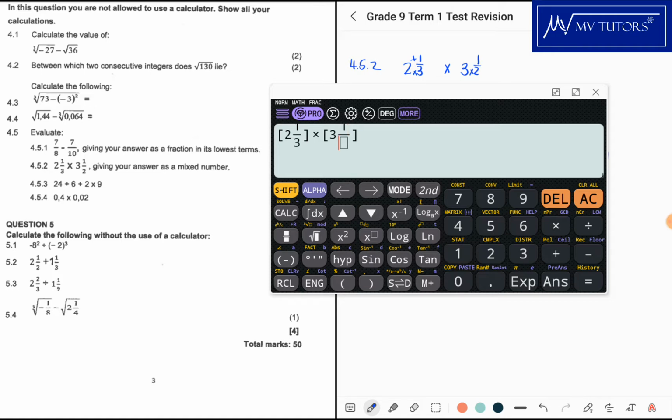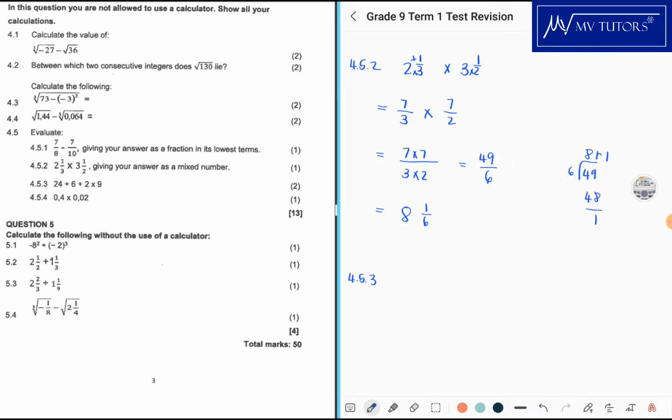I just want to see if it's going to give it to us as a mixed fraction. No, it doesn't. It gives it to us as an improper fraction. So if I say shift that, no, it doesn't. So anyway, the answer was 49 over 6. You'll have to know how to change from improper to mixed fraction.